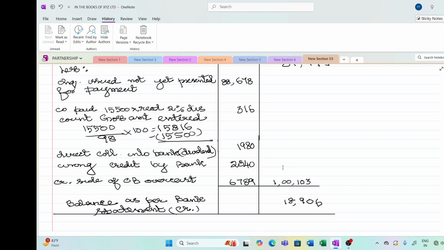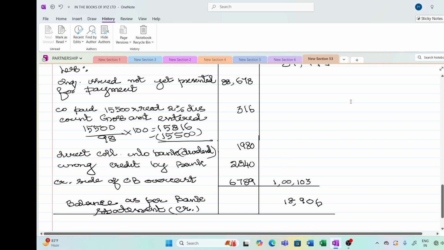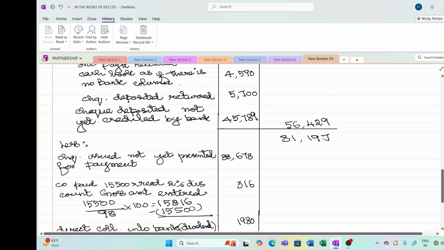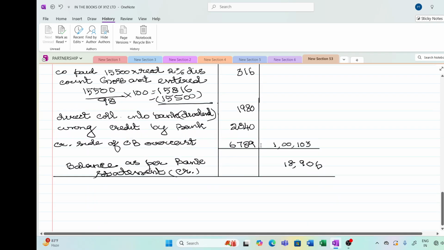So 6789 will also reduce our overdraft in the bank statement. So now what happened? The total overdraft comes to 81,197, but we are going to reduce it by this. So 18,906. So this is a favorable balance. Okay, clear? I hope it's very clear.